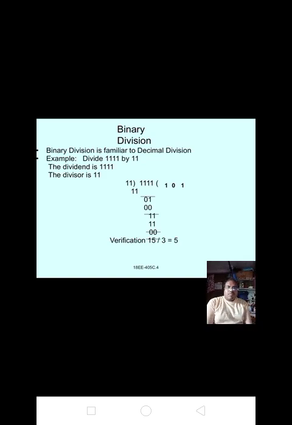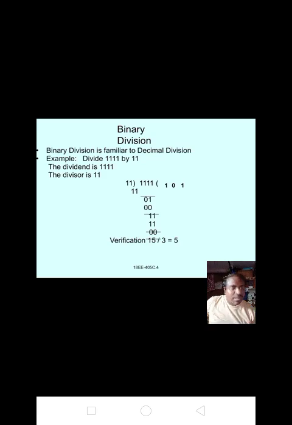See here, 1111 is the dividend, 11 is the divisor, 101 is the quotient, and the last 0 is the remainder. The quotient is 5.